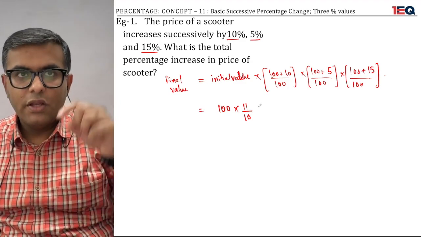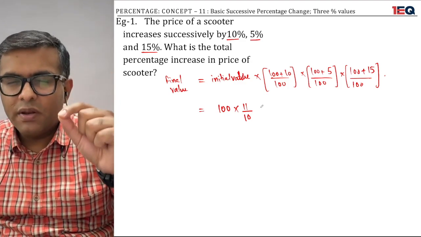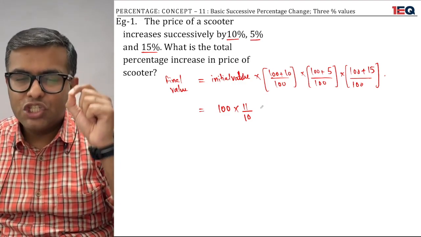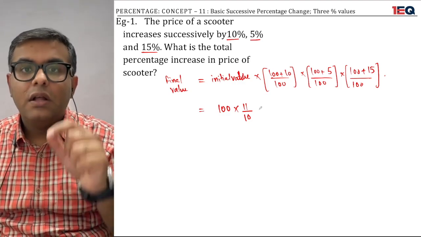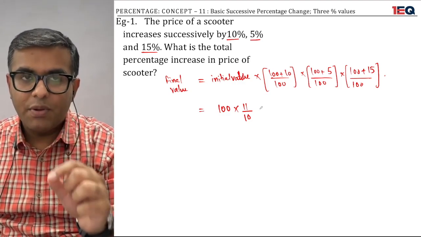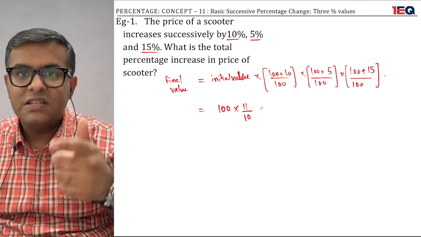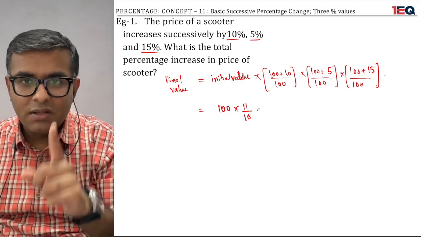Okay, the numerator would always be bigger than the denominator in cases where the percentage change is happening in a positive way. The percentage change is increasing the value. Okay, the bigger the numerator, the bigger the output.